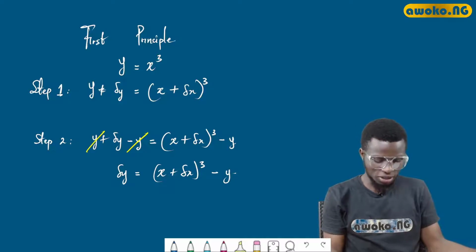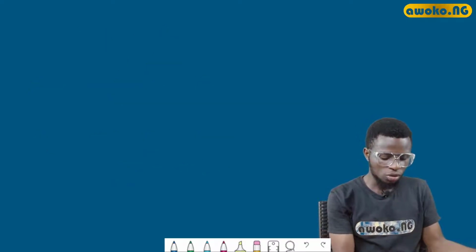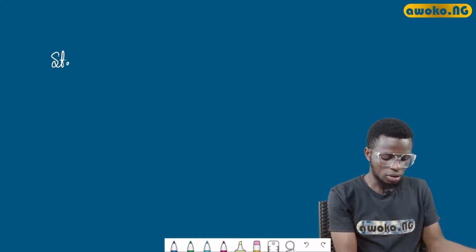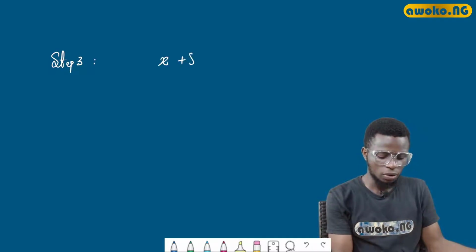After doing this, we would have to expand the terms in the bracket. So this takes us to step 3. If we want to expand that, we have (x plus δx) raised to the power of 3.